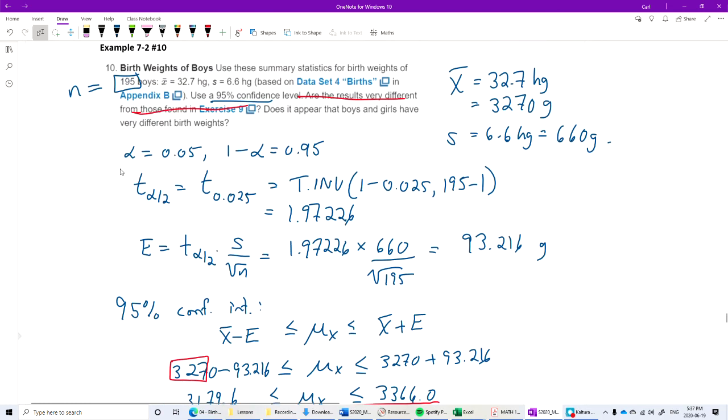Before we do anything, we should check: are the requirements met? Is X normal? No, we don't know. But is the sample size greater than or equal to 30? Yes. So we're fine. I didn't check it because it's kind of obvious, but we do have to include that.